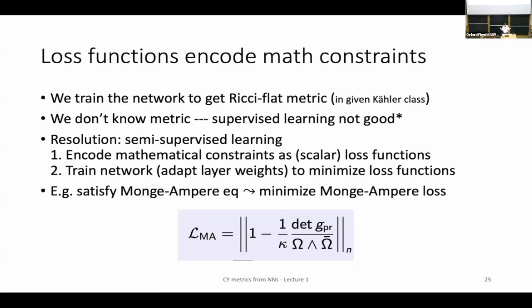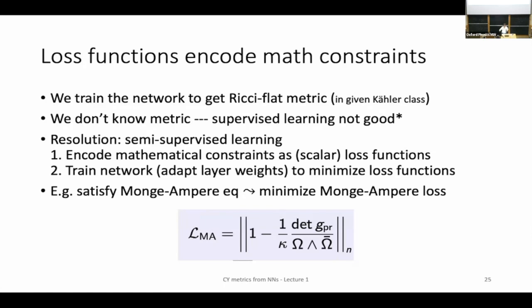So if we have the Calabi-Yau metric, then this loss function should be 0, right? Because then these two volume forms should be the same. So what we're doing is that we're checking this condition point by point in our Calabi-Yau.